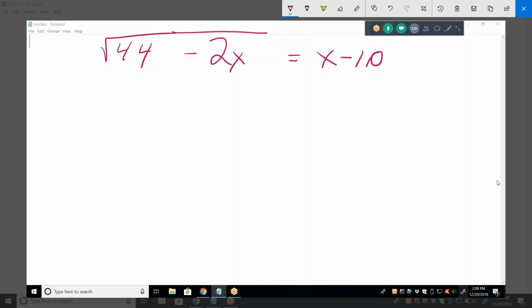So, what's the next line? Got to square both sides.